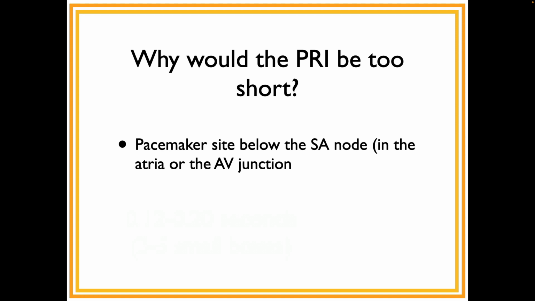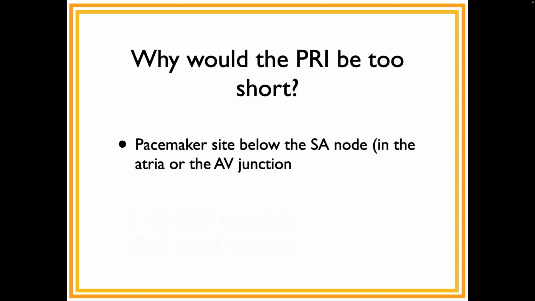Here's our beautifully drawn heart, atria and ventricles. Here's the SA node. Here's the AV node. Now, let's say that for some reason, the pacemaker is not where it's supposed to be, but it's really close to the AV node, or maybe it's inside the AV node. What that's going to do is shrink the PR interval because it's going to take less time to get there. So that's going to lead to a short PR interval.